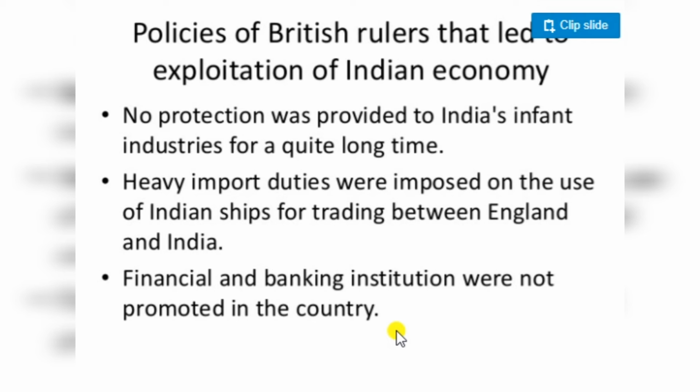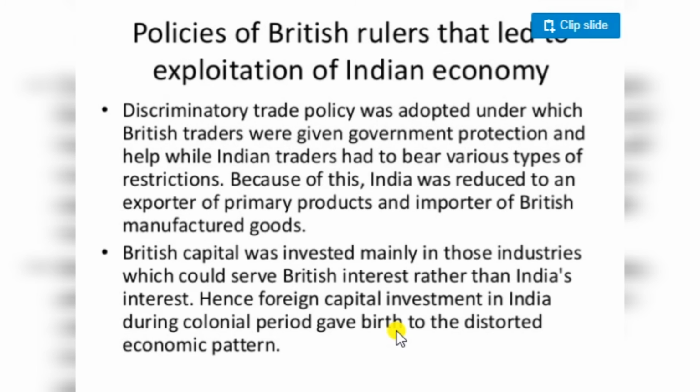Financial and banking institutions were not promoted in the country at that time. Discriminatory trade policy further affected this exploitation, and British capital was invested mainly in the infrastructure sector rather than in any development that would help Indian industries, service sectors, or agriculture grow.